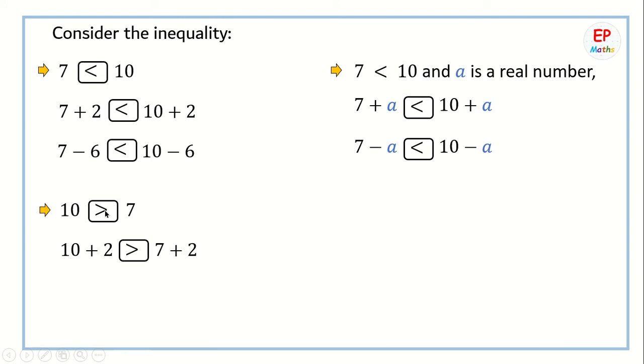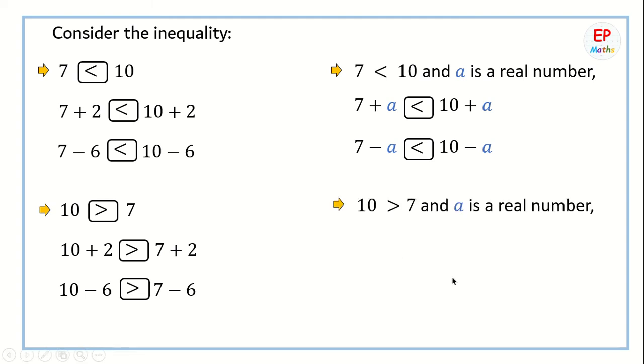You see that the sign did not reverse. And what happens if we subtract the same number from both sides of the inequality? Here we will have 4 and here we will have 1, and we know that 4 is more than 1. You see that the sign did not reverse.